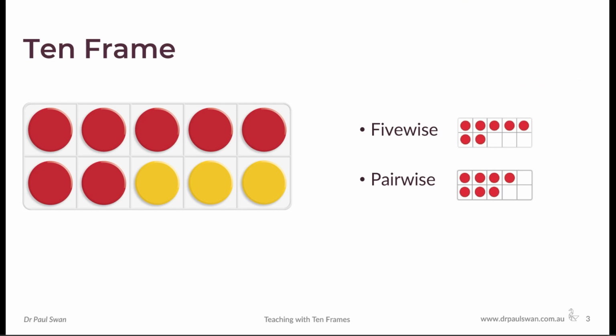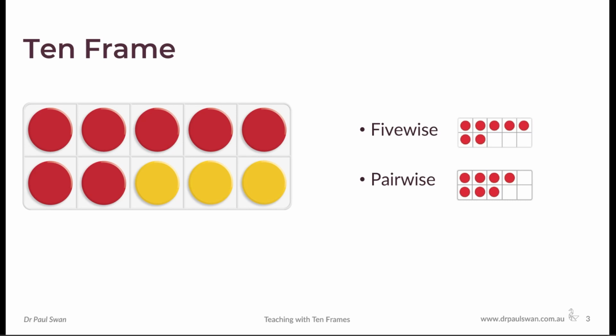Can you see how at the top we just filled? If you look at the top of that 10 frame, we fill the top 5 first, and then the next bit in the next deck. In fact, if we called it a double-decker bus, we'd fill the top deck of the bus from the left across, and then we get the bottom bit. In the pairwise way, we're filling pairwise from the left, and you see how they look a little bit different. And there's a reason for each one of those.